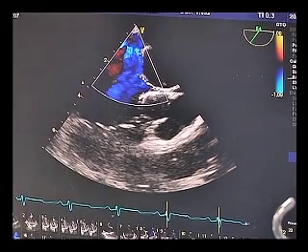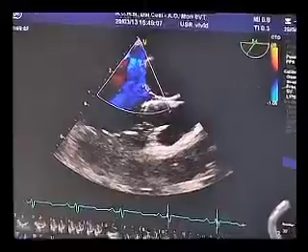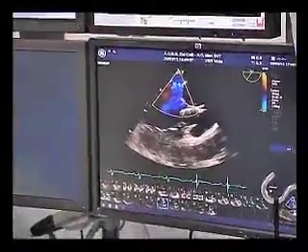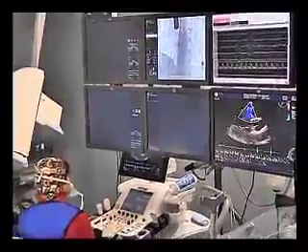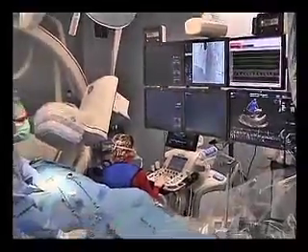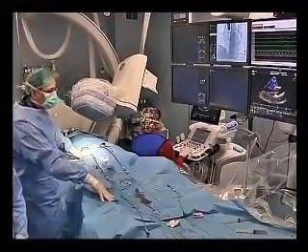It's possible to use the multifenestrated device in the posterior inferior part of the septum to close those three different small holes, but in our experience we found it more useful to use a standard ASO device instead of the multifenestrated one.